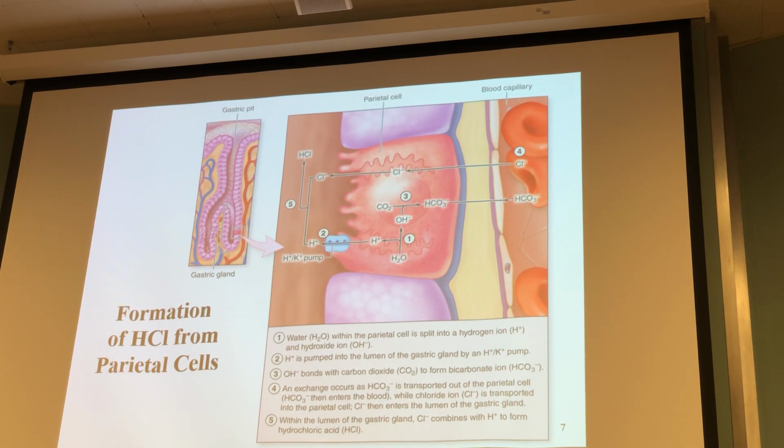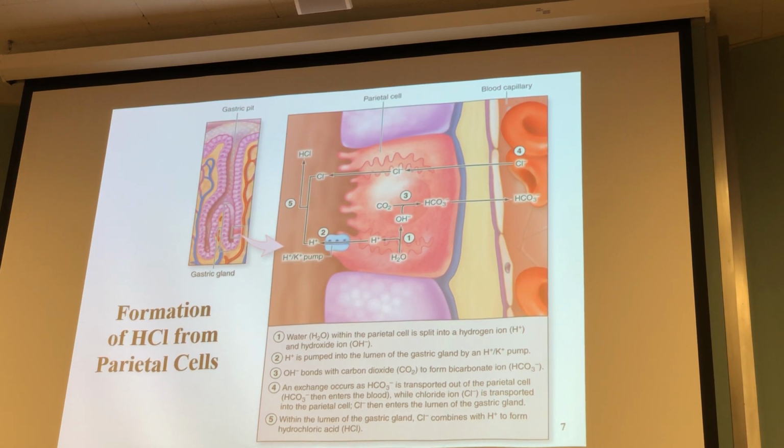It's not simple diffusion. But the basic idea is there. CO2 makes bicarb, bicarb goes into the blood, the hydrogen from my CO2 conversation gets pumped into the gastric pit, it joins up with the chlorides to form hydrochloric acid. That's all happening right along in here. And then it works its way up to the surface where you can digest your hamburger, cheeseburger, your tuna fish from the vending machine, whatever it happens to be.